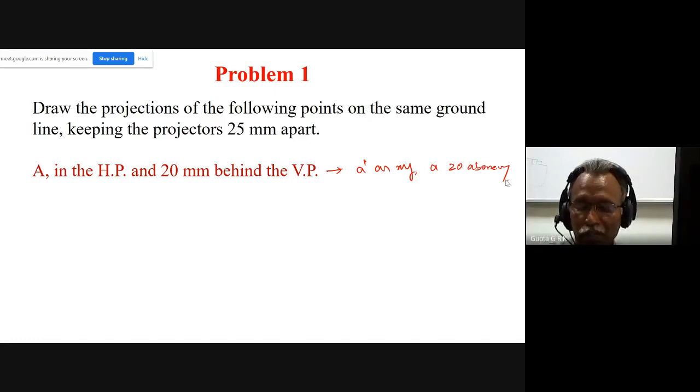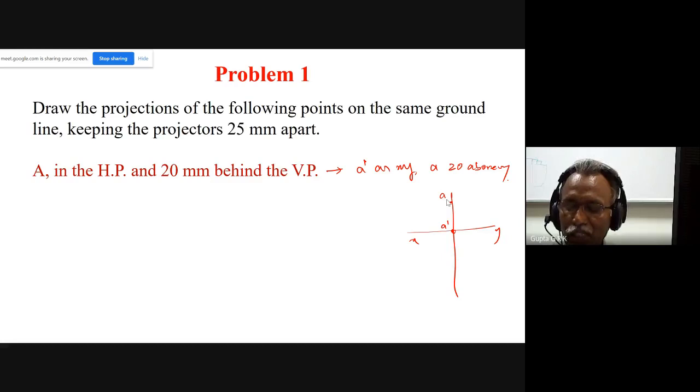So when I want to solve the problem, I have to draw the XY line and the projector. A dash is on XY, so this is A dash. And A is 20 above XY, so I have to put A there. Then I have to show the dimensions, on the left side or right side. Leave a 1 mm gap and draw a line, some 10 mm long.